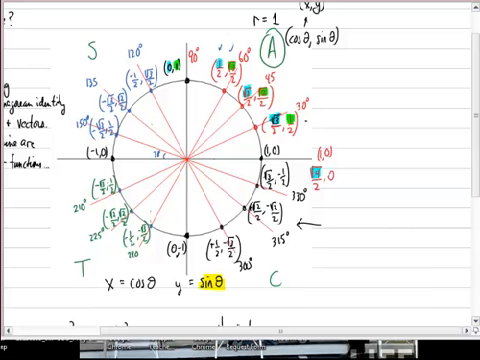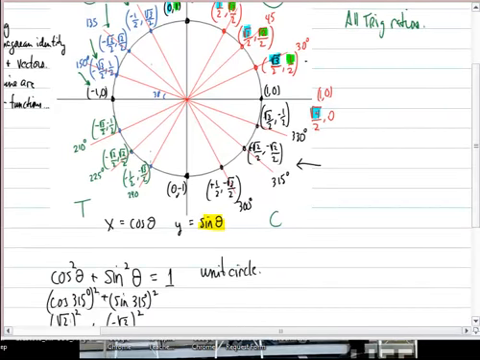So all trig ratios would be positive there. In the sine quadrant, quadrant 2, notice the x-coordinates are negative, but the y-coordinates are positive, because the y-coordinates represent the sine values. And the sine deals with the y quantity of the unit circle.